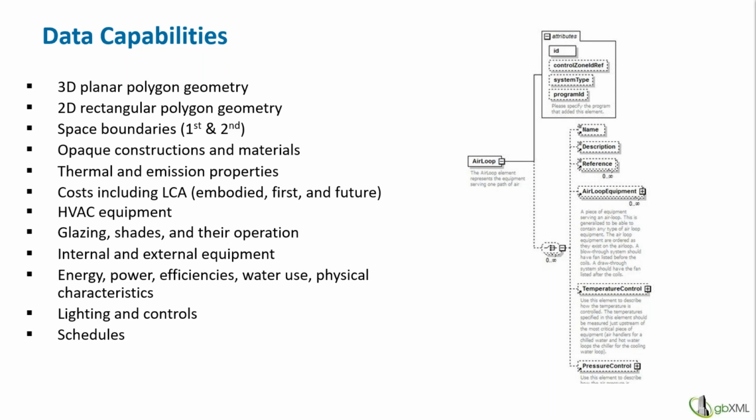Now, the real power behind gbXML is its geometric elements, basically allowing tools to draw a schematic or analytical view of the building for purposes of importing into analysis tools or viewing on the web. gbXML is lightweight, so it only has the information required by these tools, so it's fast and efficient.